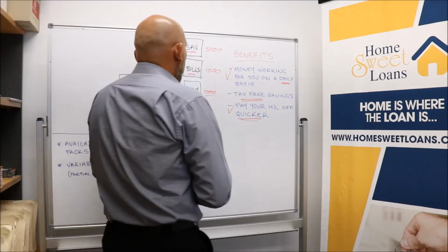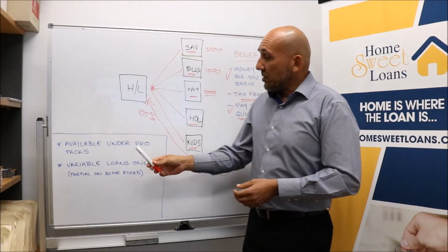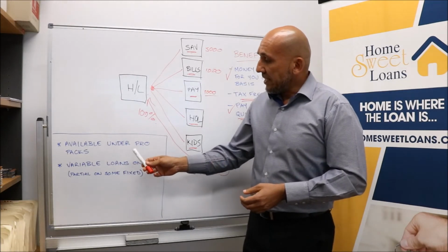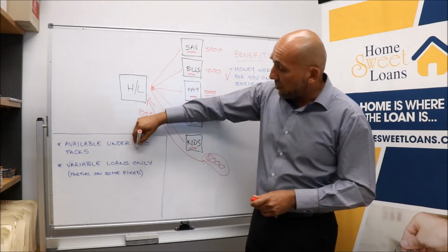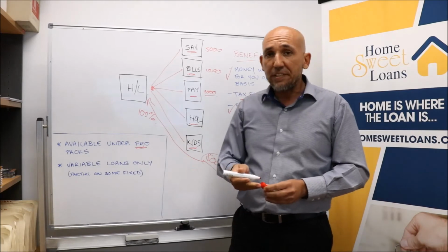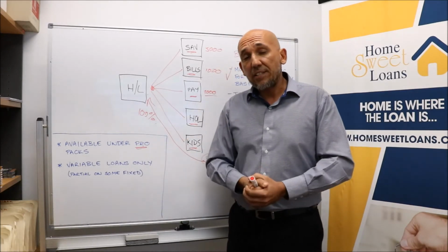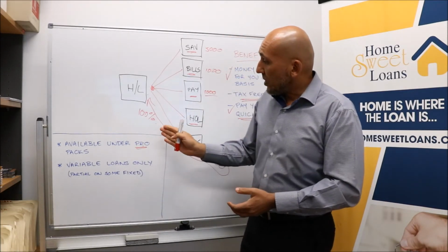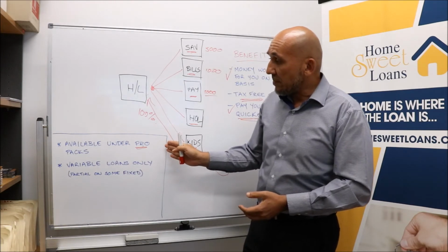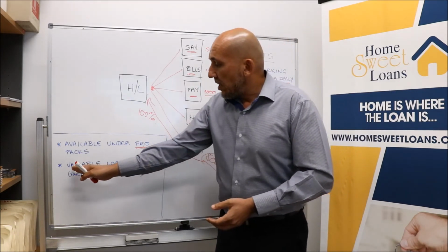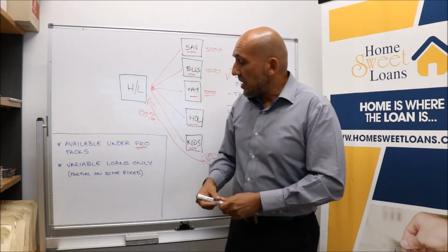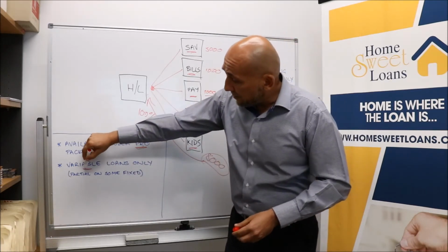Now, a couple of items you need to be aware of as well with offset accounts. They're only available under lenders' professional packages, okay? Where you pay an annual fee, you get a permanent interest rate discount, can't have it under a basic variable loan, okay? Offset accounts, 100% offset accounts are only applicable to variable loans.